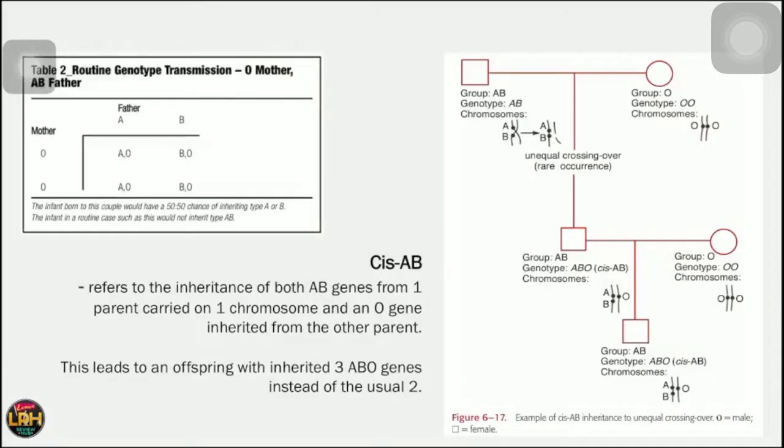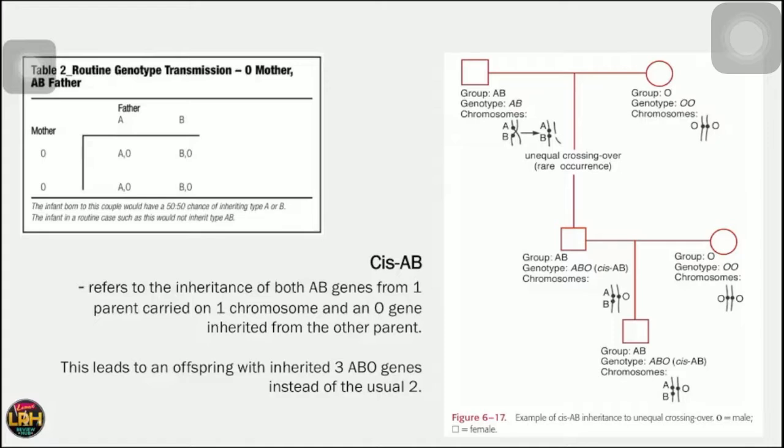If the collection, labeling, and transport of the specimen is determined to be correct and no other errors were committed, we have to take into consideration other factors. In the rarest cases, an AB and a type O parent produce an AB child, which cannot be explained by the usual inheritance pattern.